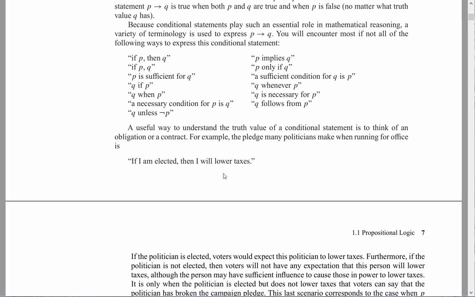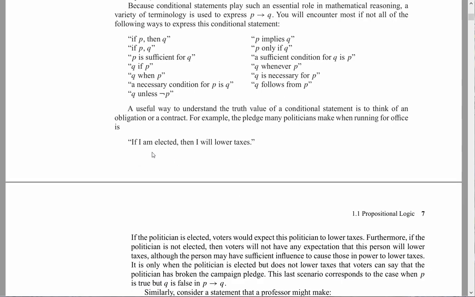And if he's elected, then Q says he's going to lower your taxes. Okay, so if he does get elected, then you expect him to lower your taxes to make this true. Otherwise he lied to you.